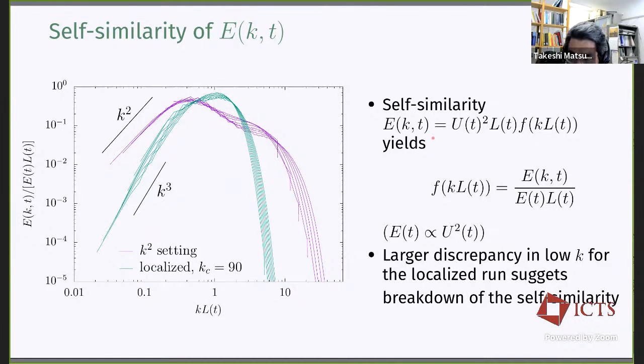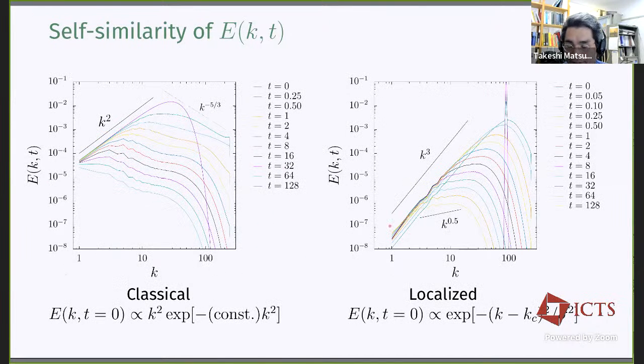The basic assumption for the time-dependent energy spectrum is given in this way. U is some characteristic velocity, L is a characteristic length, and let me assume this L is the integral scale. And this F is a self-similar function.